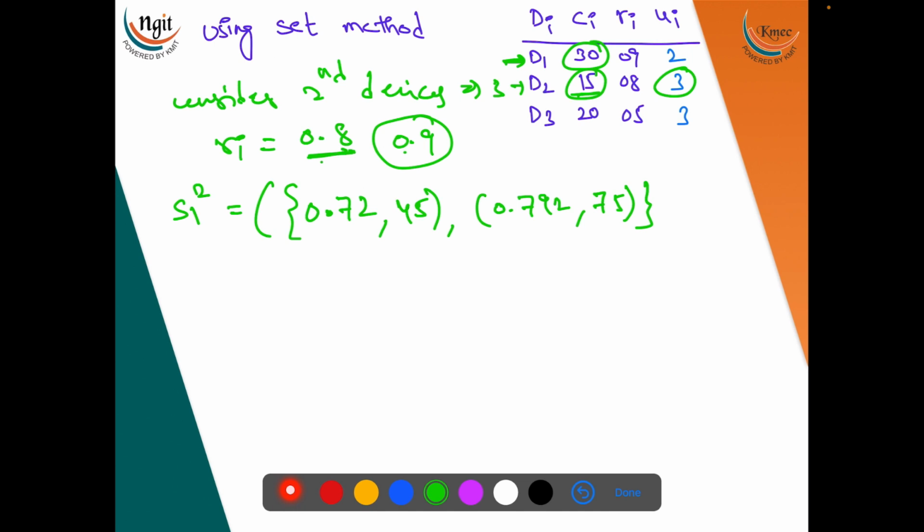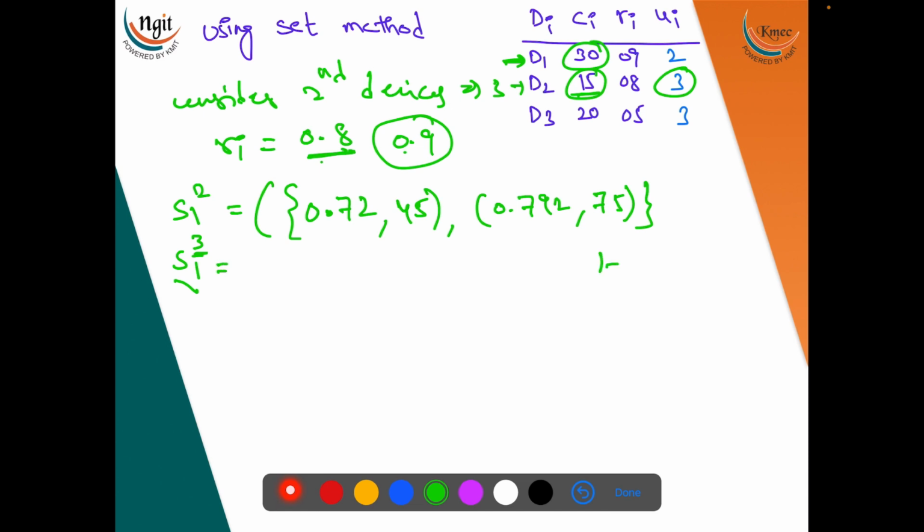Now the reliability of the second device for 2 more copies you have to calculate. You should know the value of S1 with 3, that means taking the second device with 3 copies. If you want to go for it, you should know the reliability factor.